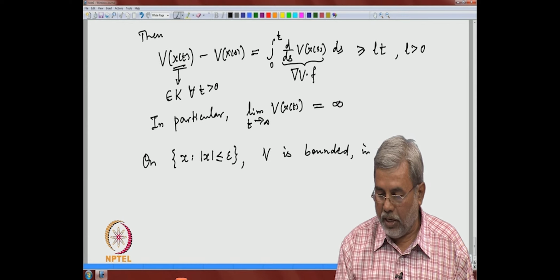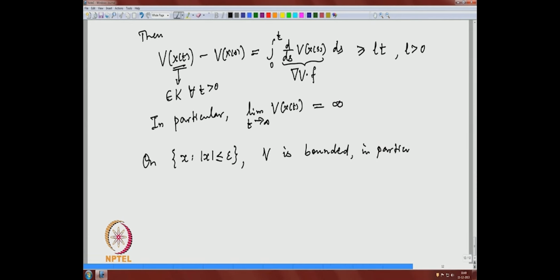In particular, V is bounded on K, because K is a subset of this. But this contradicts star. A bounded function cannot have an infinite limit. This contradicts star.